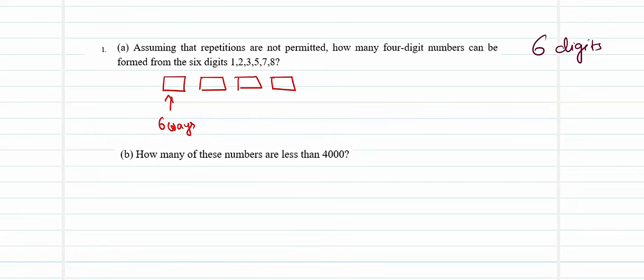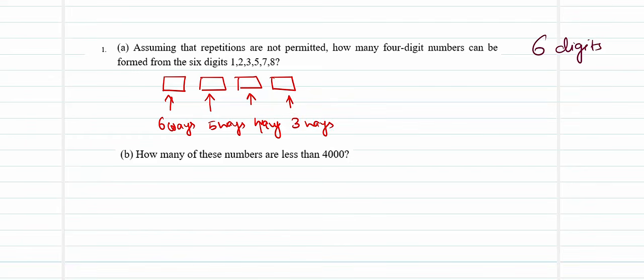And now one number has gone if we are fixing it here. Now this second position can be filled with the remaining 5 elements in 5 ways. Next, the third position can be filled in 4 ways. And the last one can be filled in 3 ways.